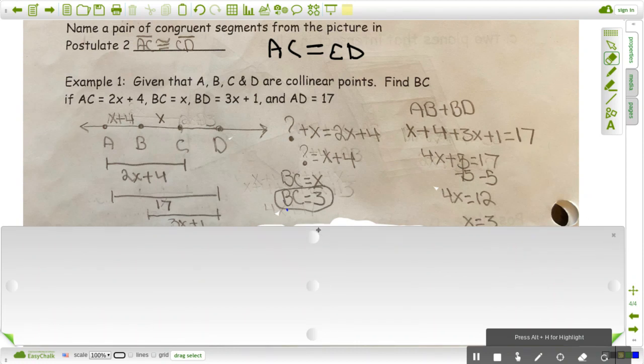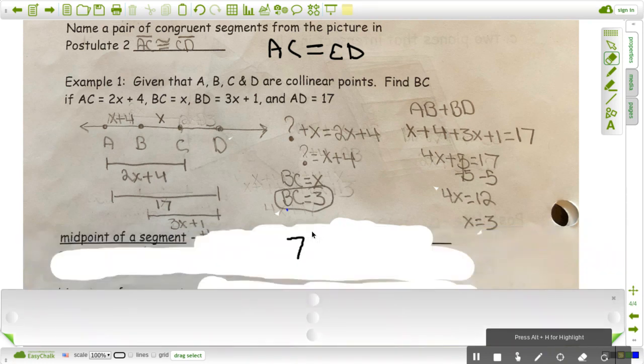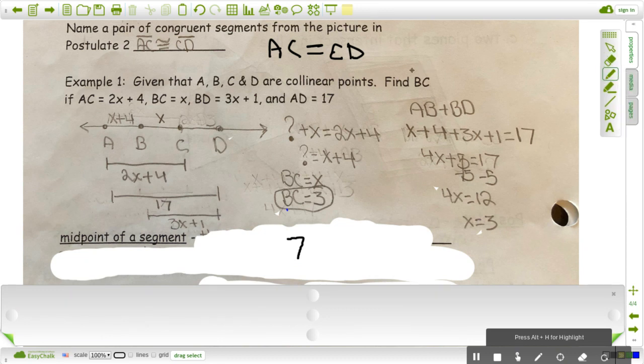There's something called a midpoint of a segment. And what that essentially is, if there's a segment, let's say here, pretend that's a dot, and there's a point in the middle. A midpoint, that's the midpoint.